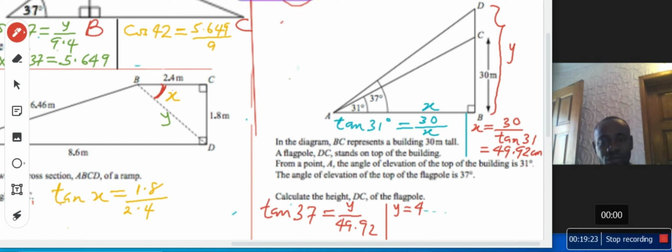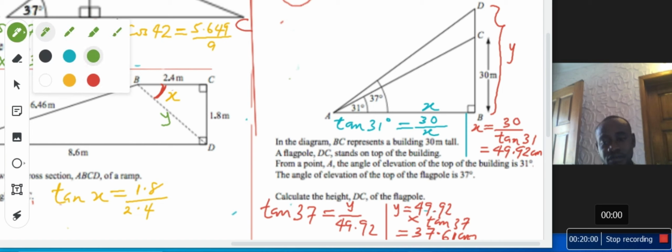So y will be 49.92 times tan 37, which is 37.6. Give me two decimal places. So what's that number?